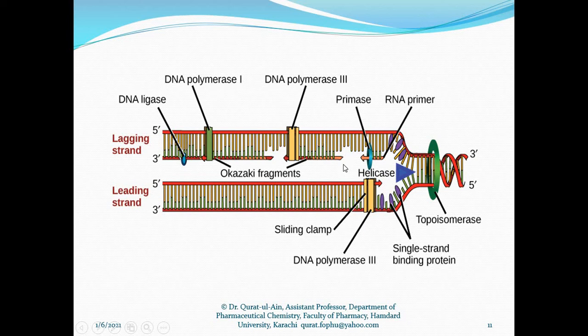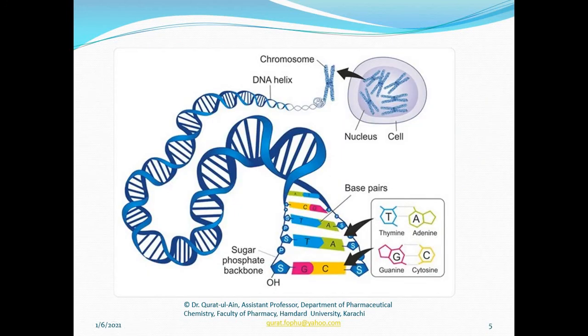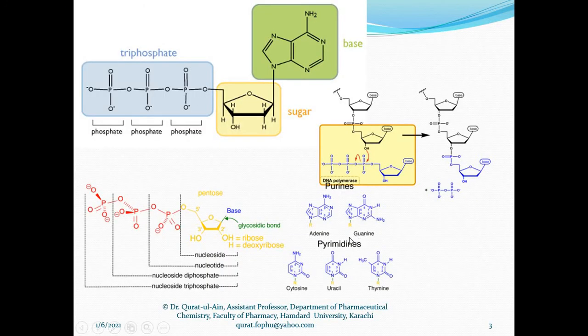This polymerase adds the new nucleotide on the DNA template strand by making a phosphodiester bond between the hydroxyl of one ribose and the phosphate of the other ribose of the other nucleotide.